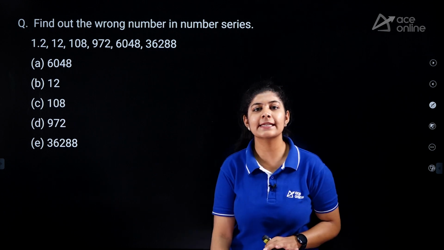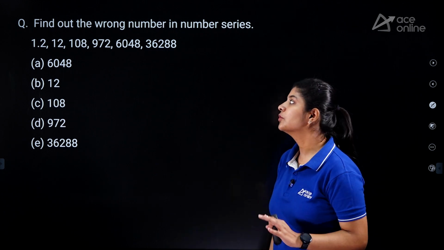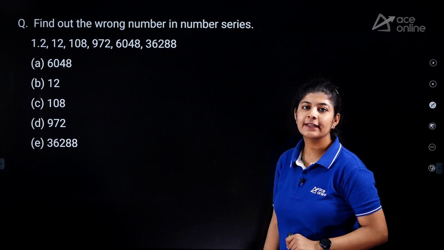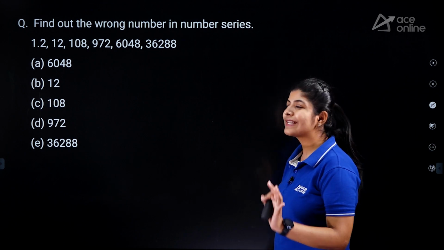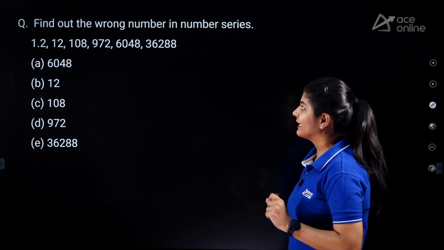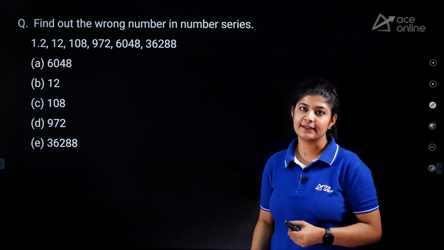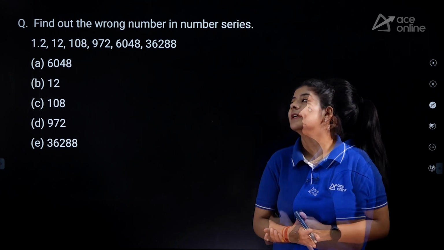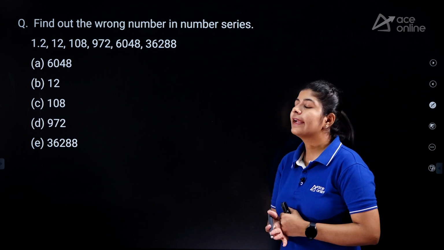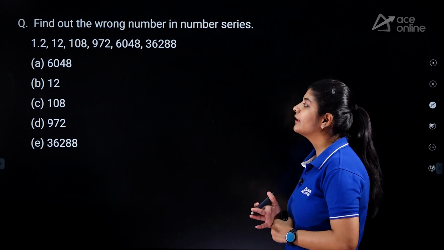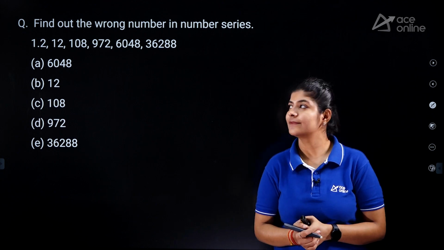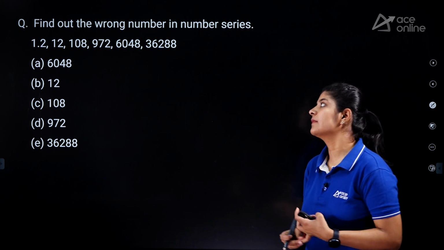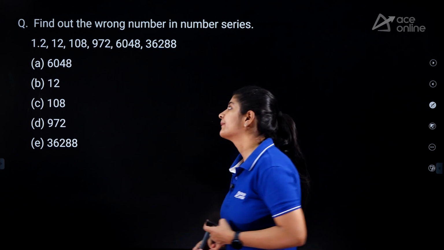So here the series is 1.2, 12, 108, 972, 6048, 36,288. This is what we are having. Just simply try and comment your answer in the comment section. Okay, let's try.